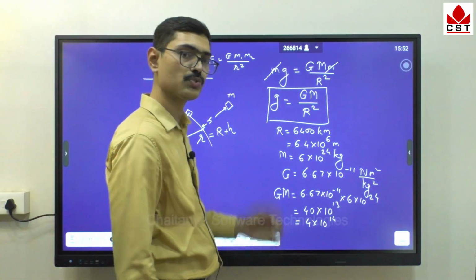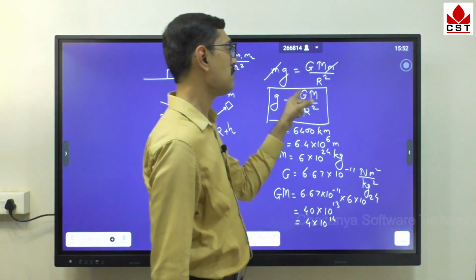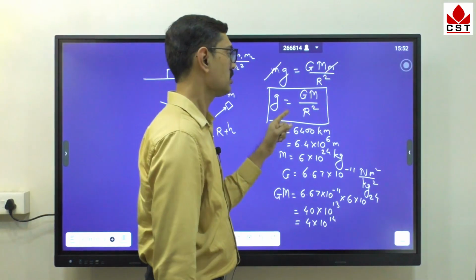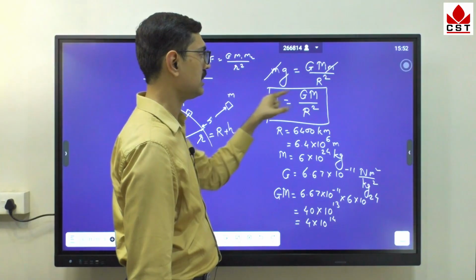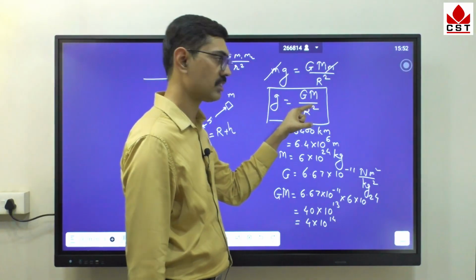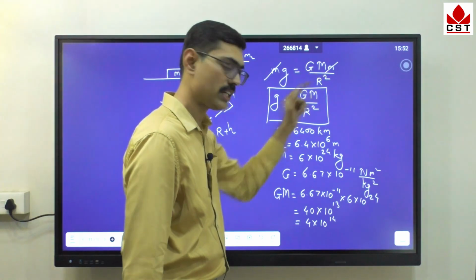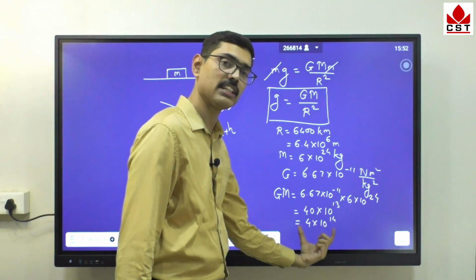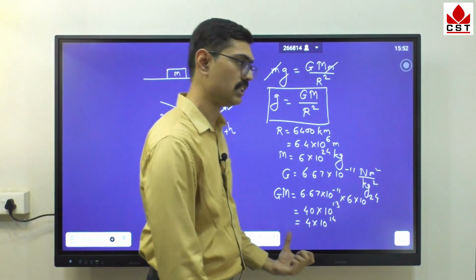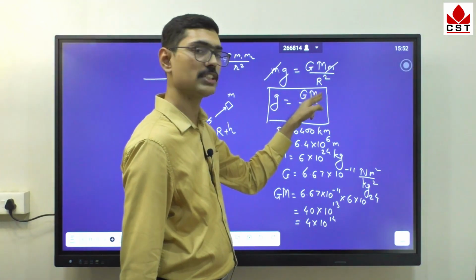Majority of the times we have to calculate this only for earth. Therefore we don't have to put G into M and then calculate. We can put only the final factor, 4 into 10 raised to 14.